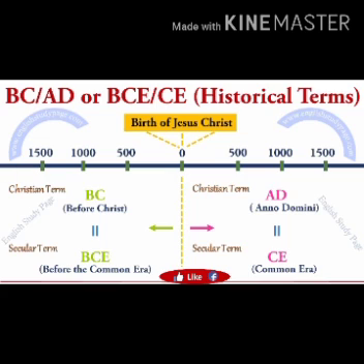that is Common Era. So, 0 on the timeline indicates the birth of Jesus Christ, and all the dates to the right of the timeline indicate AD dates, that is Anno Domini, or also known as Common Era, and all the dates to the left are BC dates, that is before Christ, or also known as before Common Era.